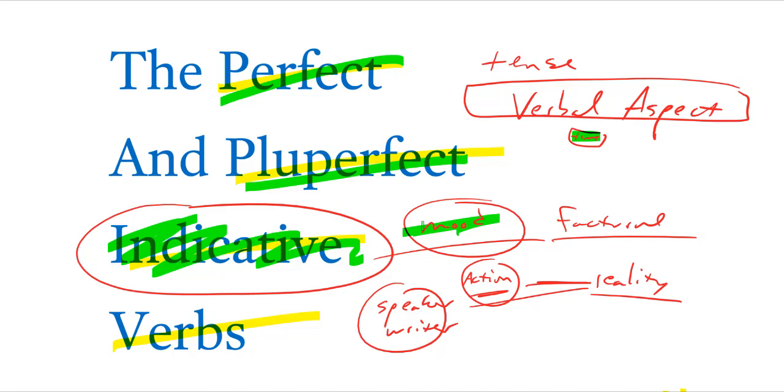Once we get outside the indicative mood, objective time present in the verbal form disappears, and time is then communicated by literary context. But at least in the indicative, which we're talking about now, there still is time. Time is sort of a secondary or a smaller element of that.